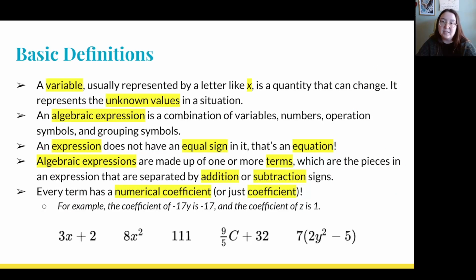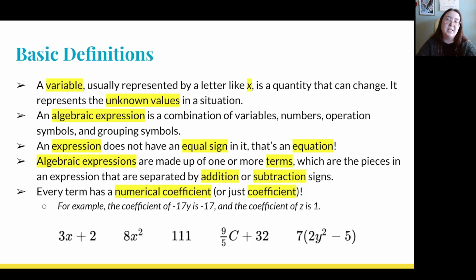So here are basic definitions. A variable, usually represented by a letter like x, is a quantity that can change. It represents the unknown values in a situation. An algebraic expression is a combination of variables, numbers, operation symbols, and grouping symbols. So an algebraic expression can contain any numbers.